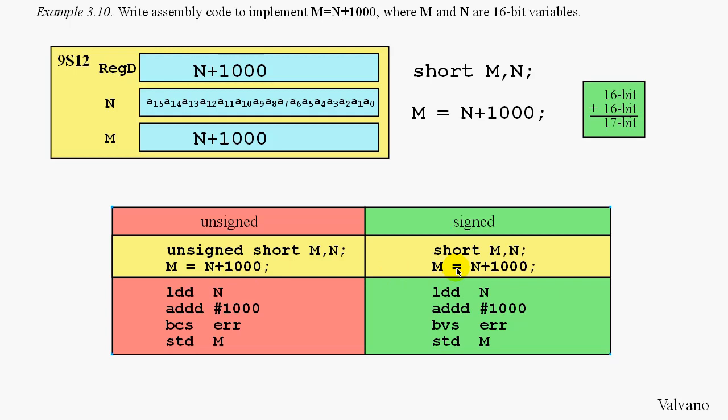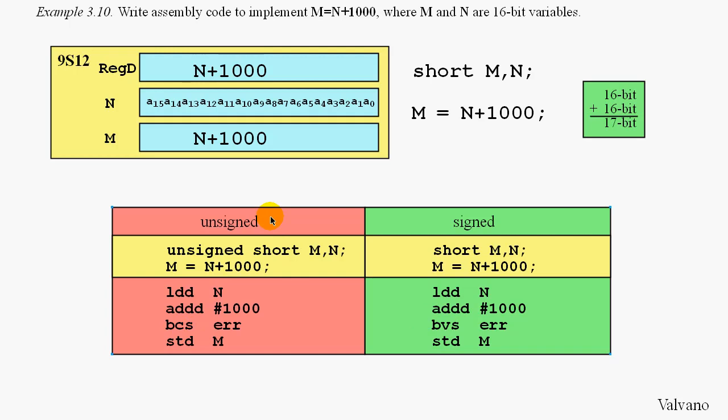However, in assembly language, we do have to consider whether the number is signed or unsigned. And we see that we would test the carry bit and branch if the carry bit is set on an unsigned overflow, an unsigned error. Conversely, we will check the V bit after a signed overflow. So, we have to know in advance, as an assembly language programmer, whether the number is unsigned or signed, and use the carry bit if it's unsigned, and use the V bit if it's signed.